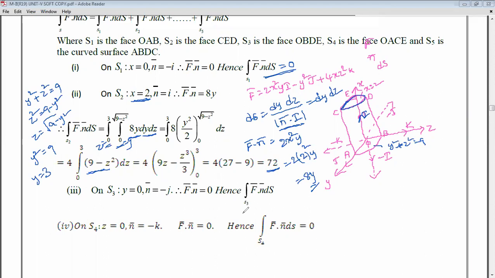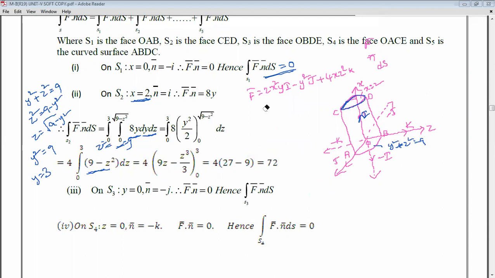Now go to the third one. What about the third one?